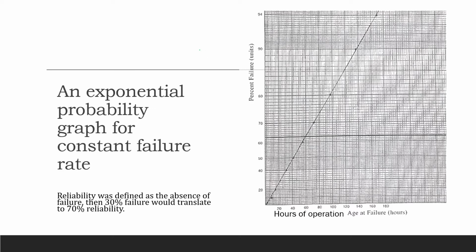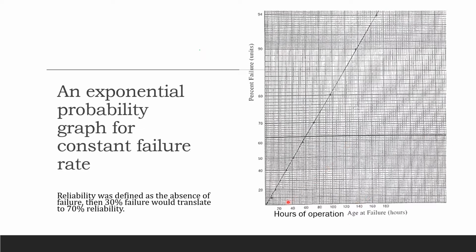So if you see 60% failure, that means your system is only 40% reliable, because your system's hours of operation have already run about 59 hours. So meaning you run 59 hours and you have 60% failure with 40% reliability if you run this system about 59 hours.